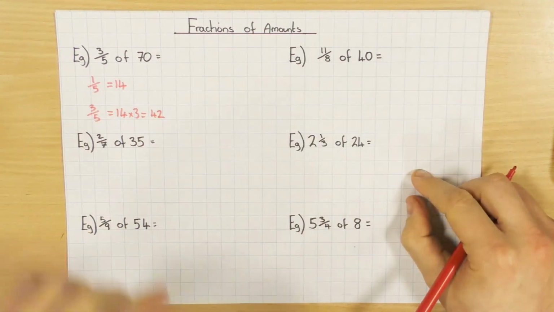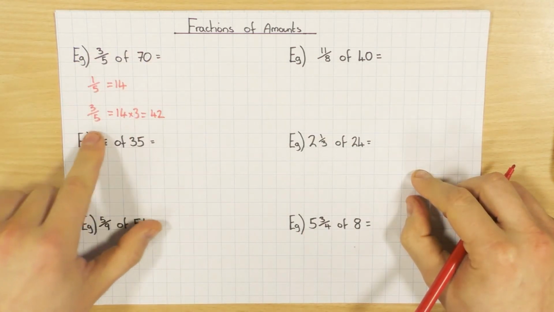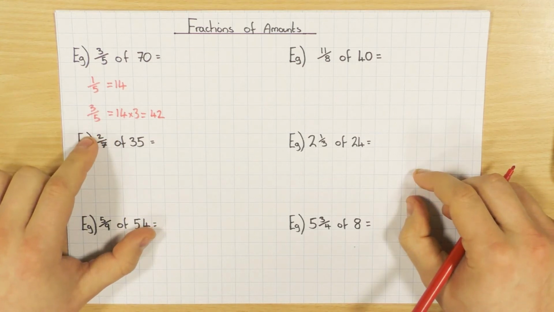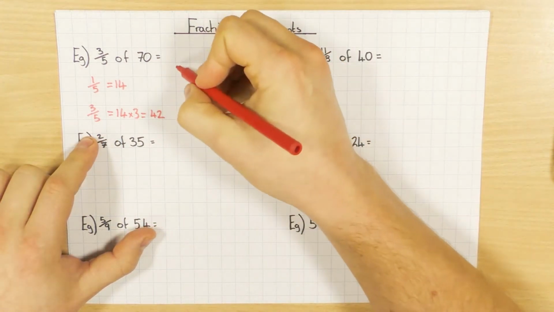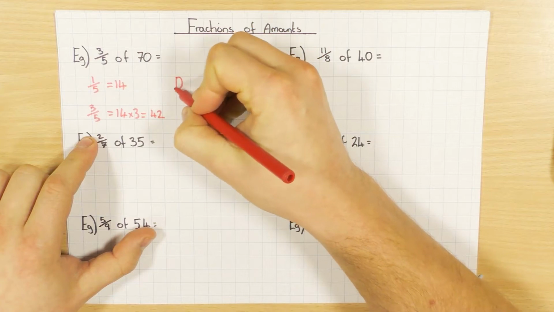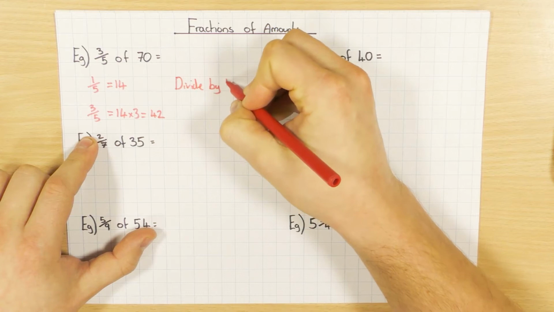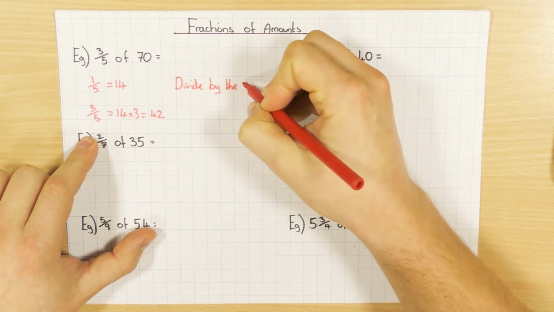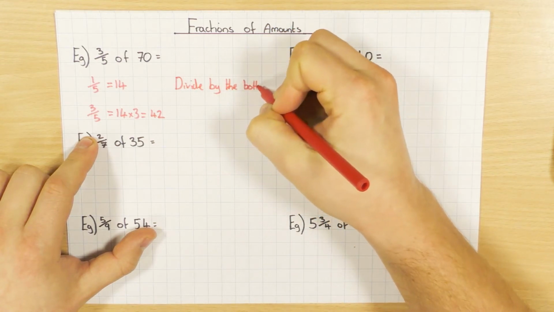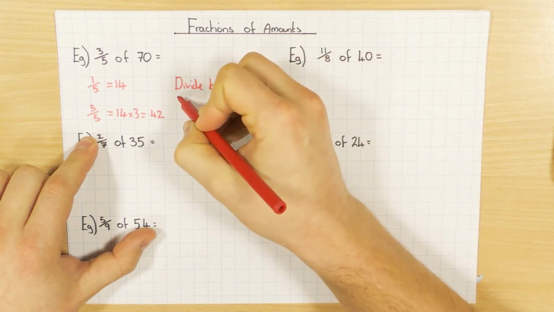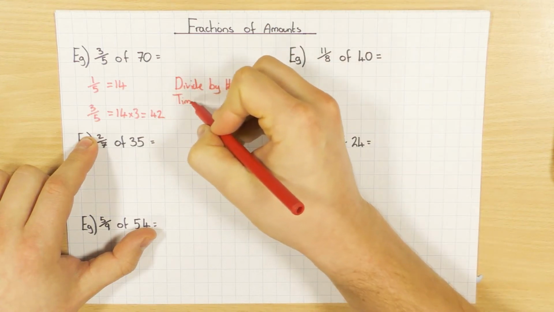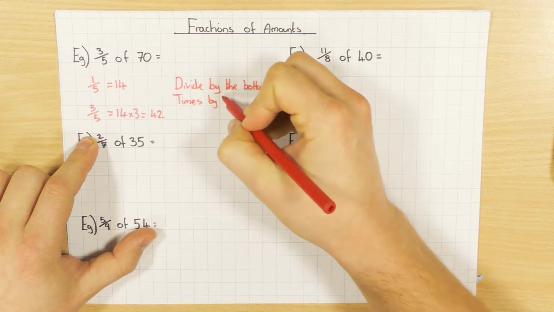Okay, so this is what's going on, and the way that people generally remember this is by saying we divide by the bottom, and then we times by the top.